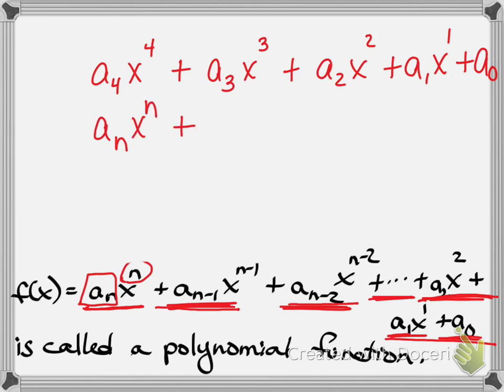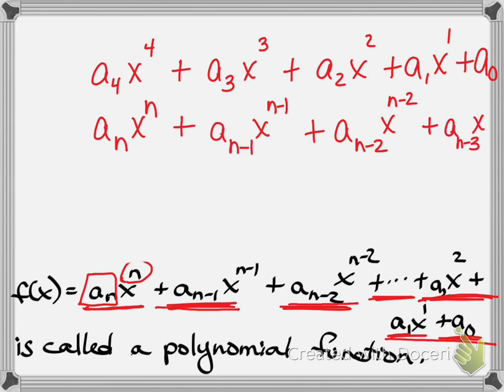And then 3 is 1 less than 4, so we would call that n minus 1. And 2 is 2 less than 4, so we would call this n minus 2. So everything is based on that first term's power. And 1 is 3 less than 4, so that would be a to the n minus 3. And then a sub 0 would be a to the n minus 4.